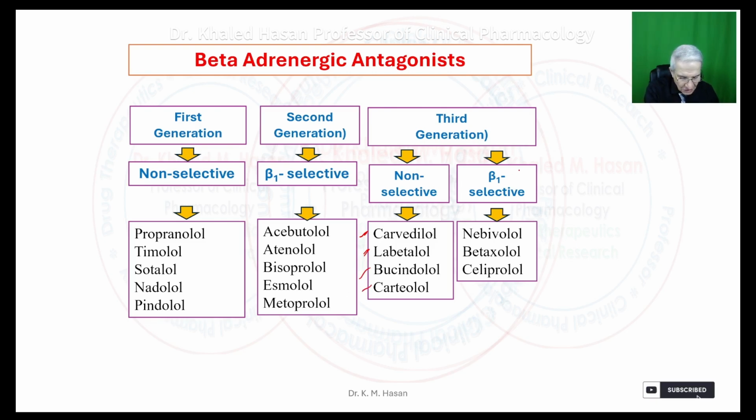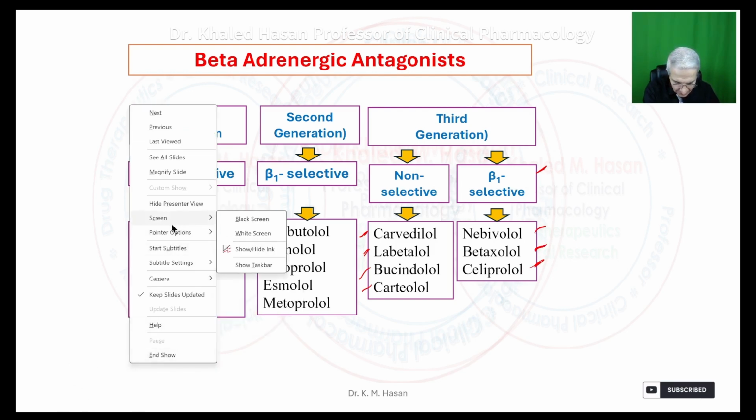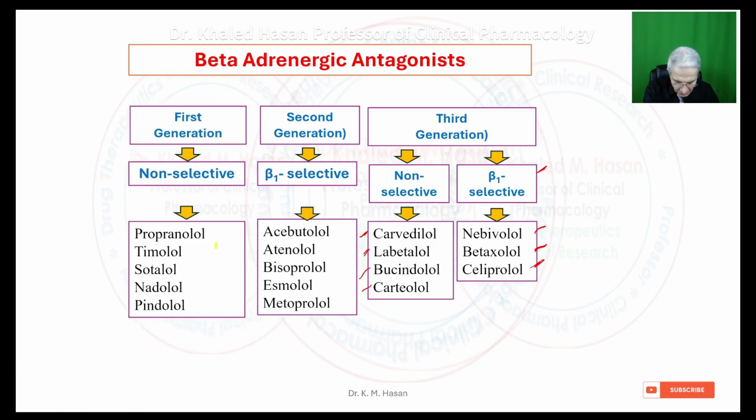Beta-1 selective in the third generation has nebivolol, betaxolol, and celiprolol. So three medications. Shall we highlight the important medications here? Let me highlight the important medications on the list.